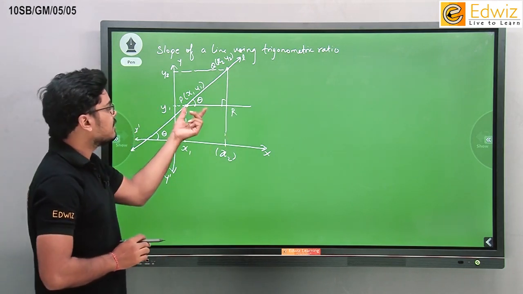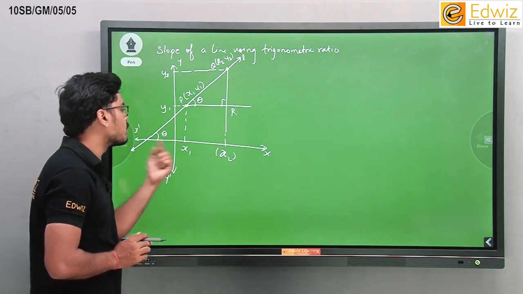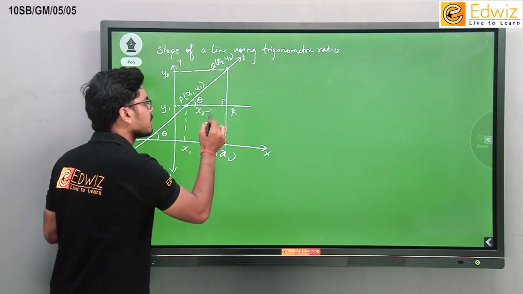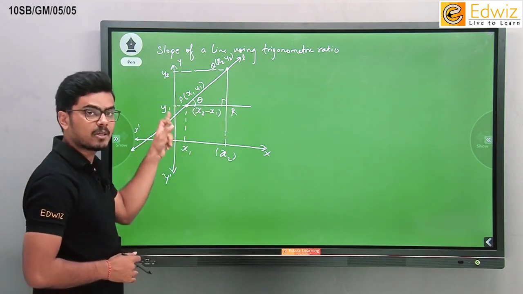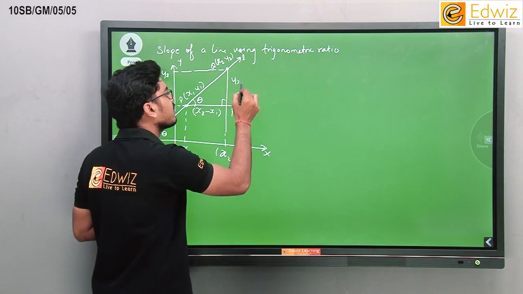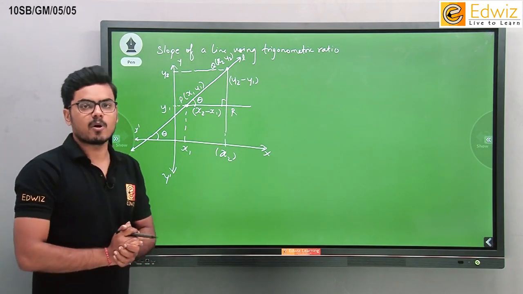What is the length of PR? If you observe this, PR is nothing but x2 minus x1. Correct? And similarly, QR is nothing but y2 minus y1. Now earlier I told you the formula of slope.